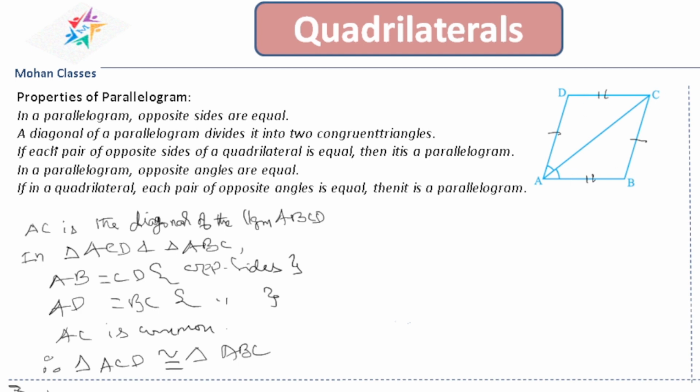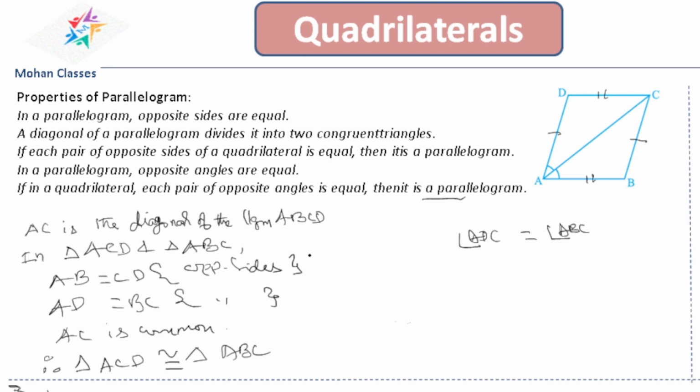If in a quadrilateral each pair of opposite angles is equal, how will we prove the last one? If triangles ACD and ABC are congruent, then we can say angle ADC is equal to angle ABC. So if in a quadrilateral each pair of opposite angles is equal, then it is a parallelogram.